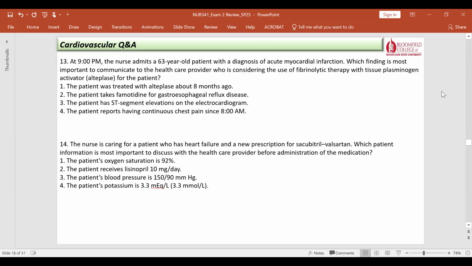So the other medications are also important to communicate, but would not impact the decision about TPA use. So the time frame, which is number 4. Wait, Professor, so the answer was 4, right? Right, yes.